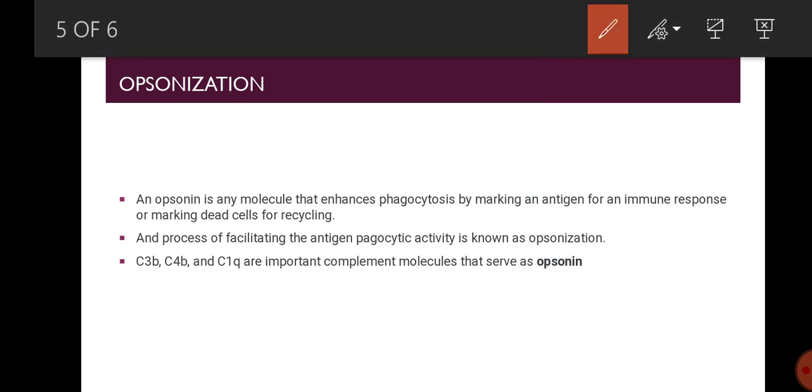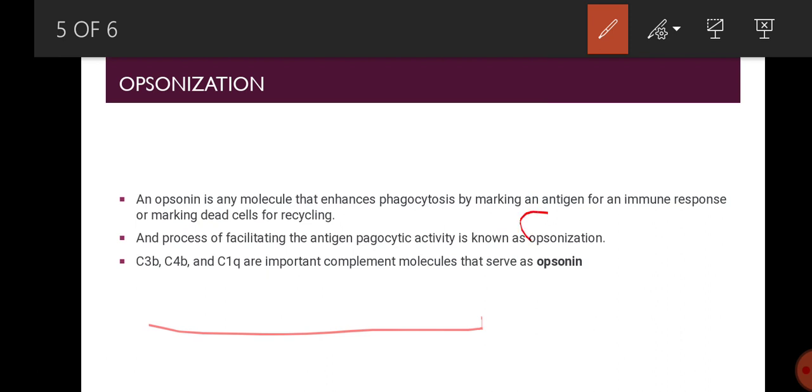Then we have the process of facilitating, meaning there was C3b, C5a, C1q, C4b, and some other components. All these components will provoke a phenomenon in order to attract neutrophils and macrophages towards the antigen, to kill the antigen, to phagocytize the antigen.